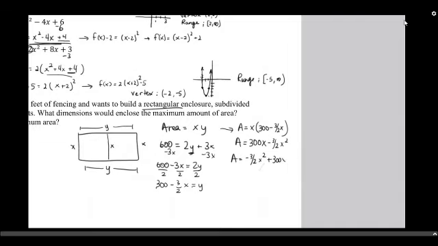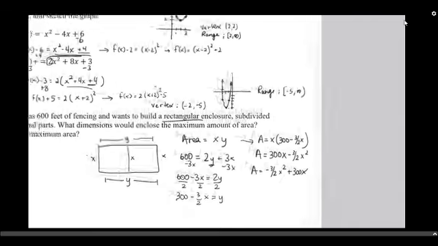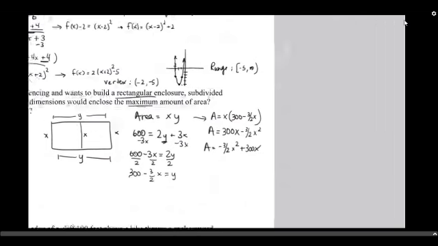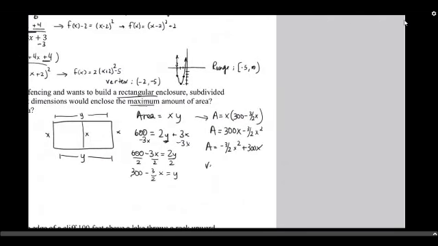So really what this boils down to is finding a maximum amount of area. Remember the word maximum or minimum when we're dealing with parabolas, all that really means is find the vertex. So coming back here, if you remember that the vertex formula is the opposite of b divided by 2a. So this is b right here, 300.